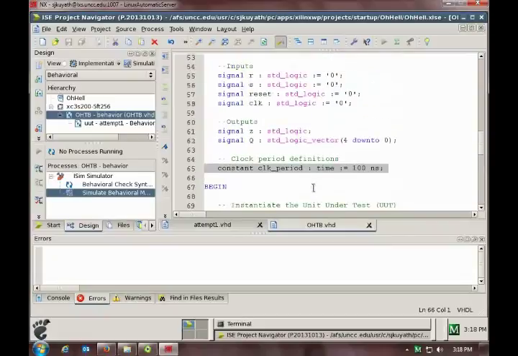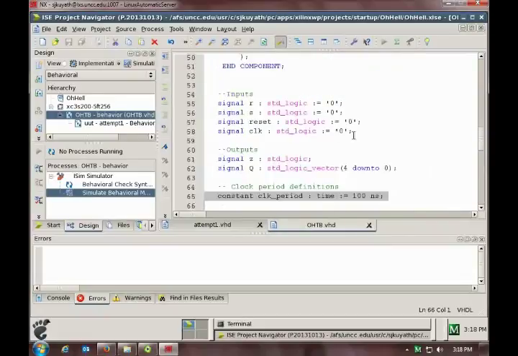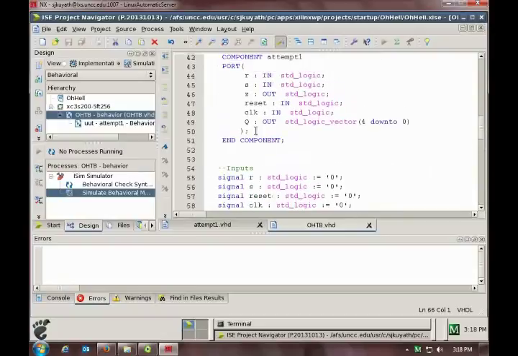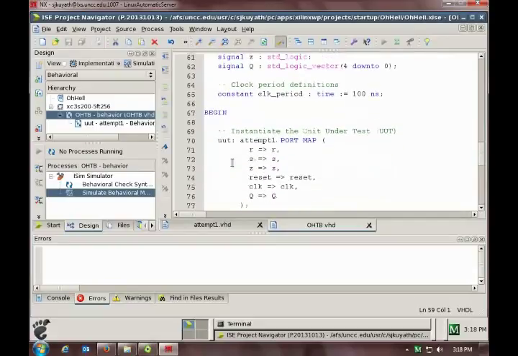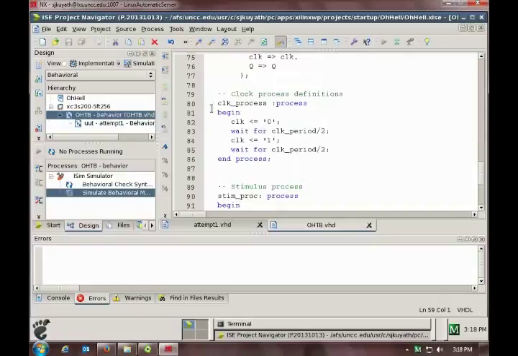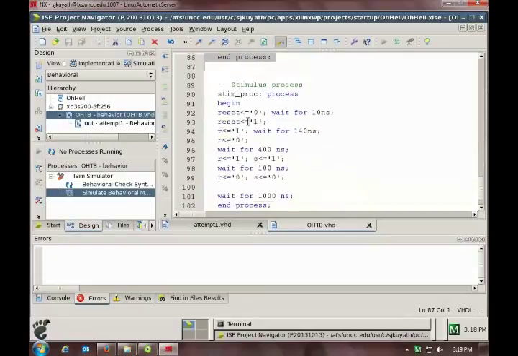There's a whole lot of little lines in here that need to be in there. And then you also have to have all this in order to make your clock run. Otherwise, you have to do it manually in here, which is no fun at all.